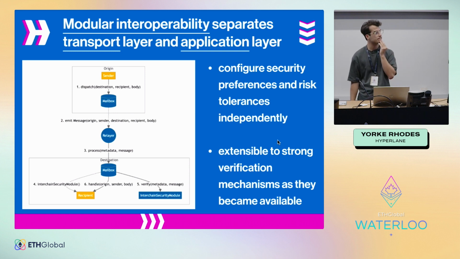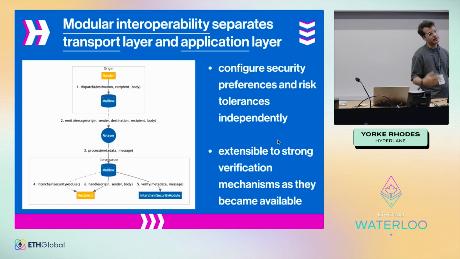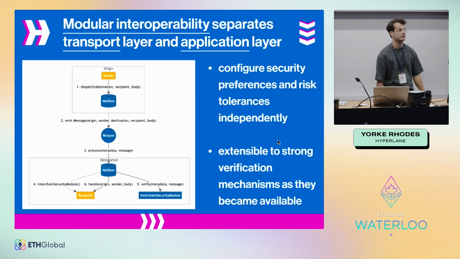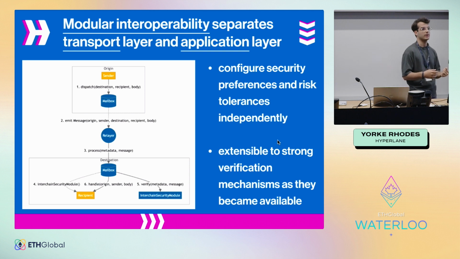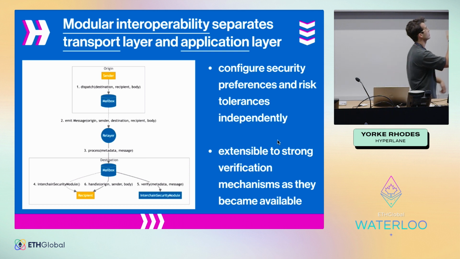Right now it's a whitelist, but we're really soon hoping to transition to a fully permissionless validator model where you can put up any staked asset. It doesn't matter what asset it is on the origin chain, and you're basically just producing attestations.